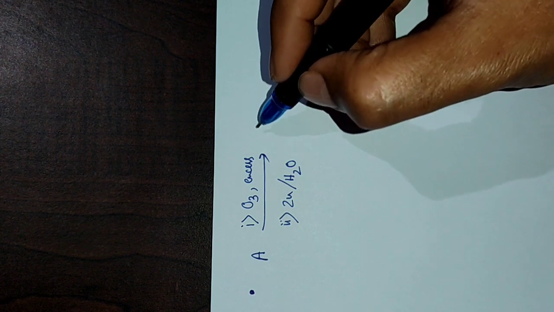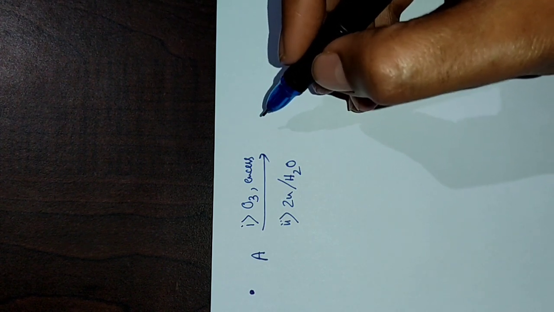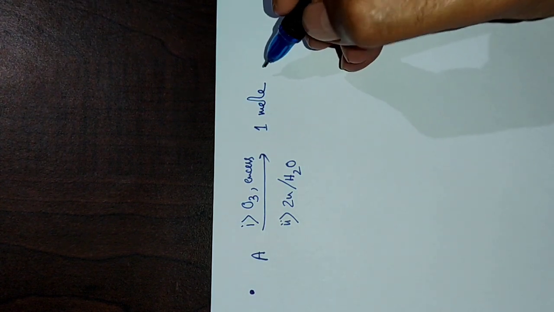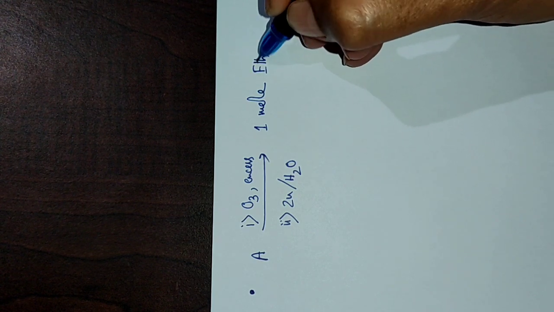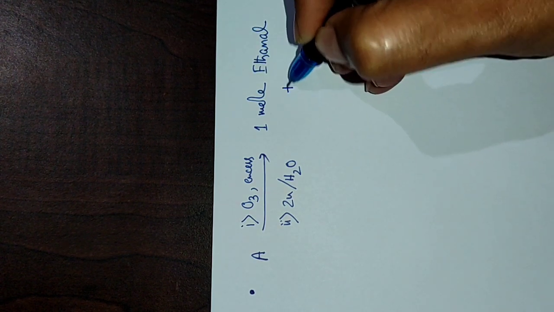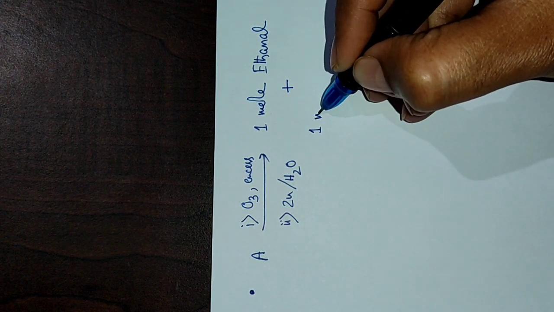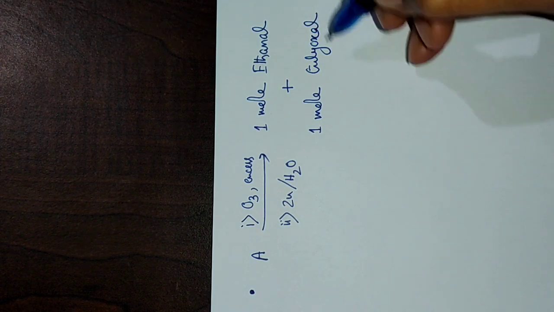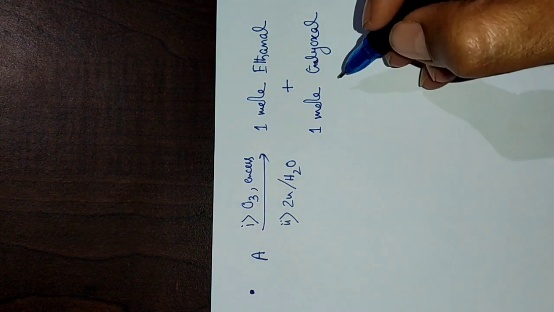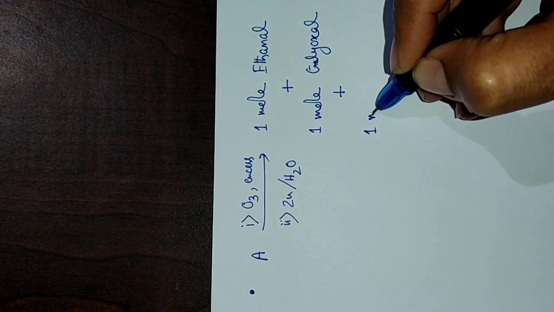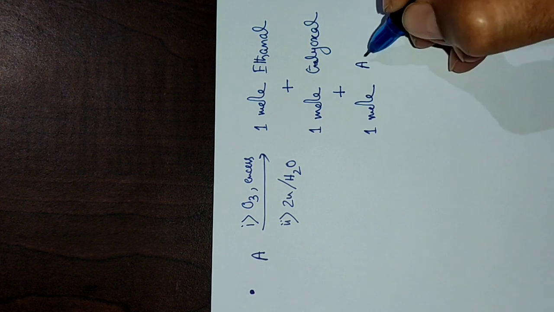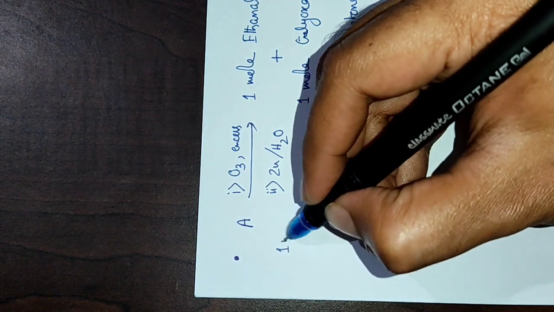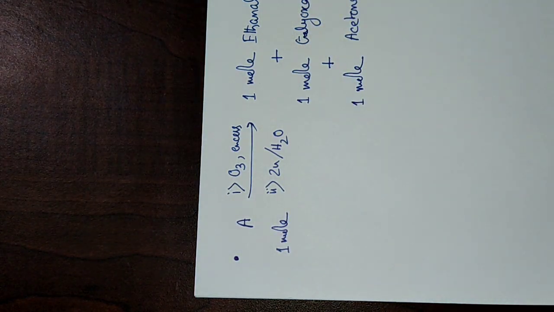Now, the products that are obtained are supplied, and those are 1 mole ethanal plus 1 mole glyoxal plus 1 mole acetone for 1 mole of the reactant.